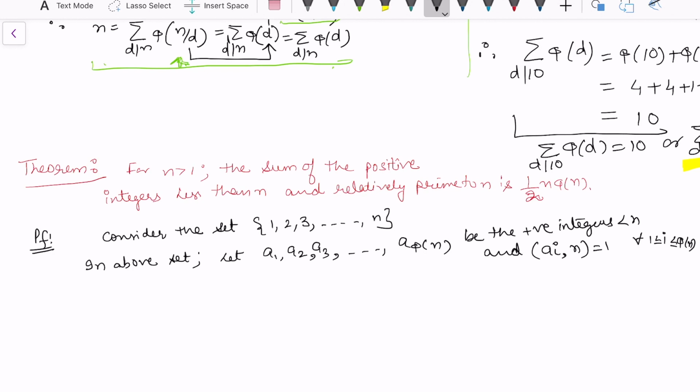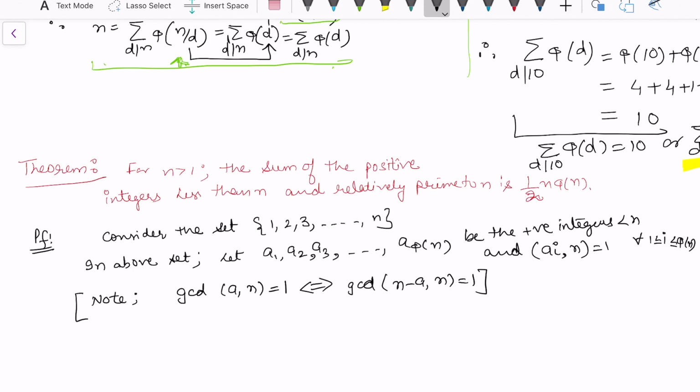Okay, and we also know, now note here, a simple property of the GCD we can verify. The GCD of a and n is equal to 1 if and only if the GCD of n minus a and n is equal to 1. So this is an obvious property.